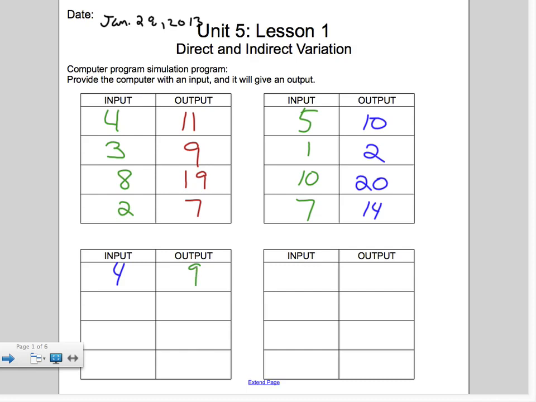So the input's 4, the output's 9. Right. What's another input? Tyler. 6?